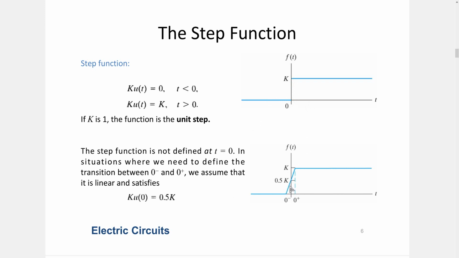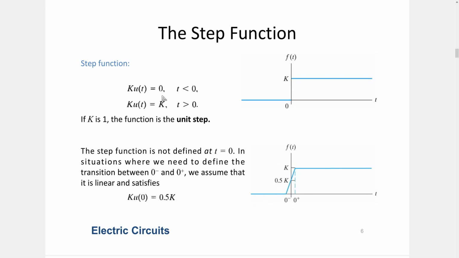This trick allows us to define or mathematically helps us to solve problems. So with a finite slope line, a softer transition can be defined to help us. So it passes through the midpoint of the amplitude at 0.5k, as you can see.